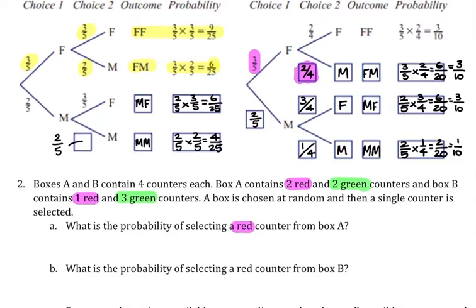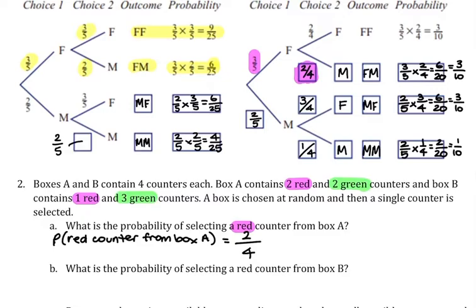So we want a red counter from box A. So probability of red counter from box A. In box A, there is a total of 4 counters. There's 2 red and 2 green. So it's going to be over 4, and the number of red that we have is 2.